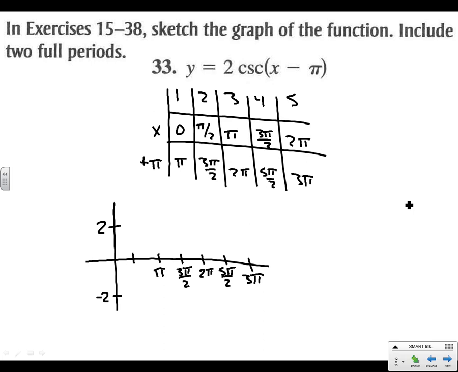So since it's cosecant, we'll do the dots for sine. Start on the x-axis, start on your middle line, go up, and then down. It'll look like that. All right. We're going to do the inverse, though, 1 over. So we'll have asymptotes anywhere our important dots hit the axis. And then from the other dots, we'll flip them over. And so that is your graph of 2 cosecant of x minus pi.